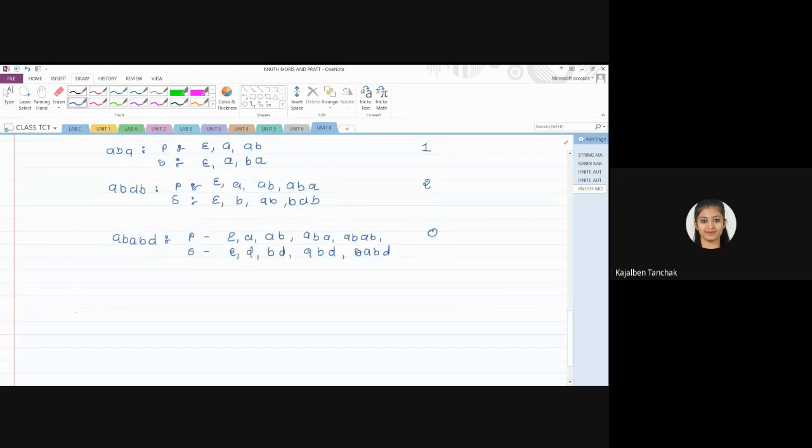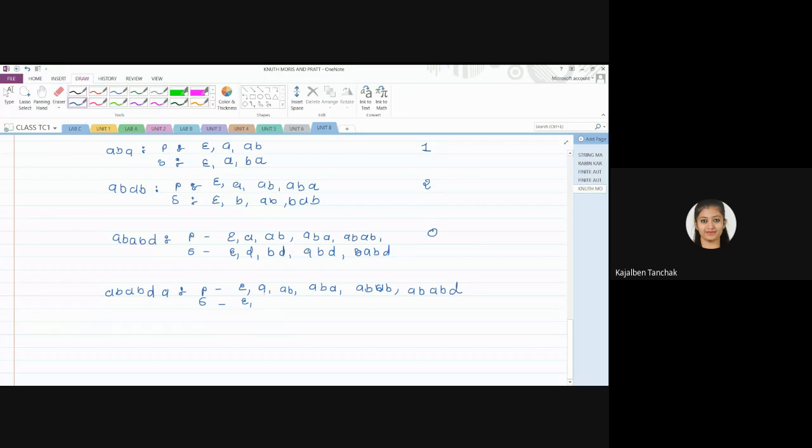Next is what? The entire string A, B, A, B, D, A. For this entire string, find the prefix and suffix. Epsilon, A, AB, ABA, ABAB, ABABD. If the full string came, it would be the entire string, it is not a proper substring.